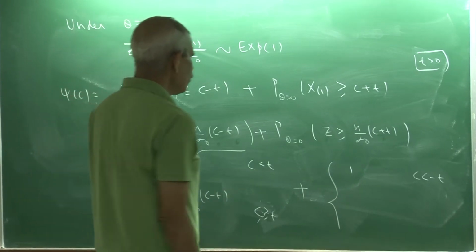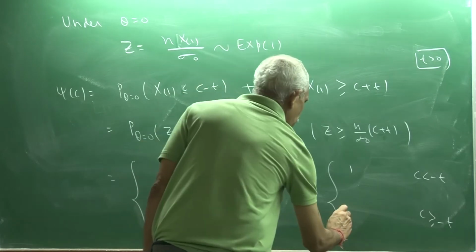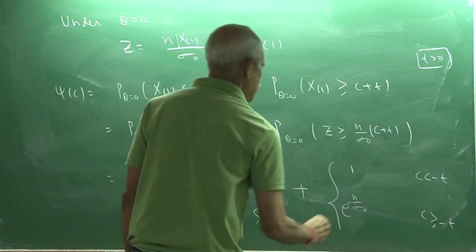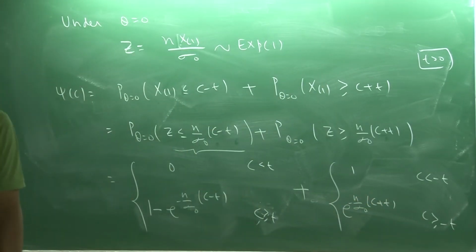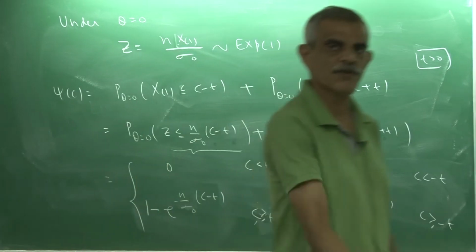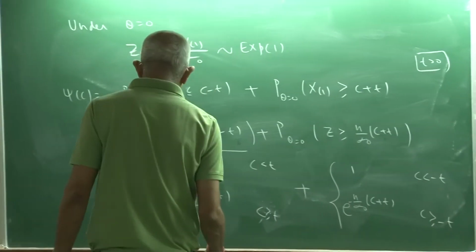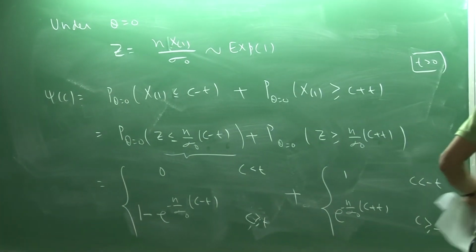If c is greater than or equal to minus t, it is nothing but e to power minus n by sigma naught times (c plus t), right? Because probability z greater than or equal to x is same as e to power minus x provided x is positive. Good, very nice. So I'm almost nearing the solution.